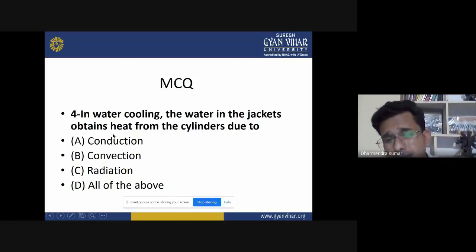Now the answer is conduction, because in the conduction process, heat is transferred from one molecule to another which are considerably attached to each other.